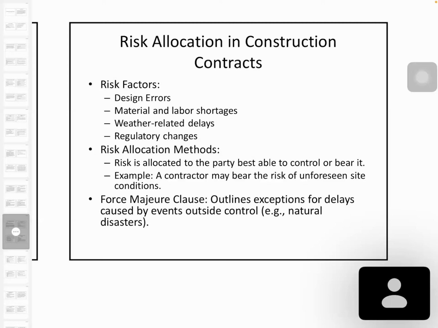And the risk allocation methods. Basically, you can't always eliminate the risk, but you can allocate the risk to a third party, or control it, where you are paying some money as consideration for the risk to be taken by the other party.